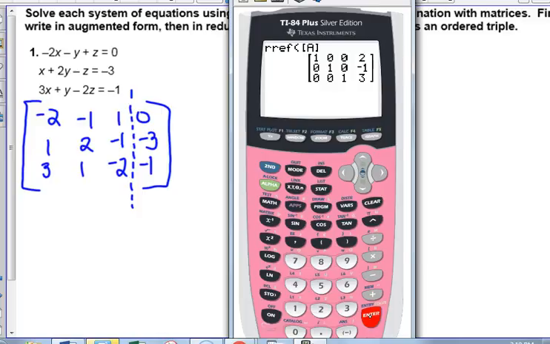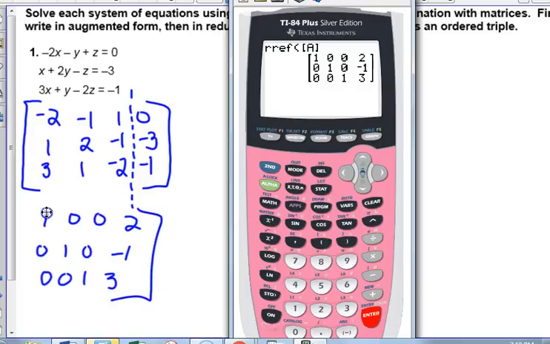The RREF: second matrix, arrow to the right, and scroll up or down. It's B. And then on the home screen, you still have to put the name of the matrix in. Okay, so this then gave us 1, 0, 0, 2, 0, 1, 0, negative 1, 0, 0, 1, 3, which is reduced row echelon form.